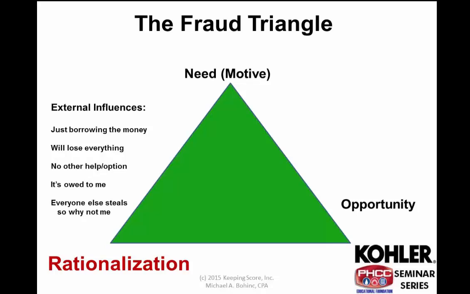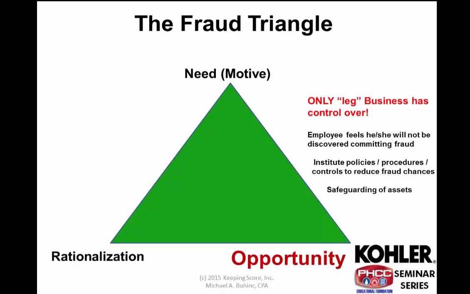Now, of the three legs of the triangle, the only one that the owners, the company, have control over is the opportunity. That's the only one that the contractor has the ability to control. You can't control the motive of the individual perpetrating the fraud or attempting to, and you can't control the rationalization for it. You can only control the opportunity.